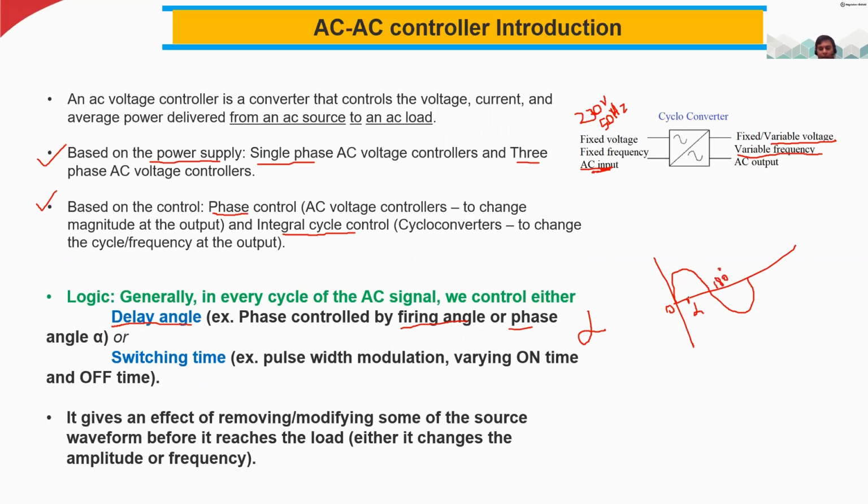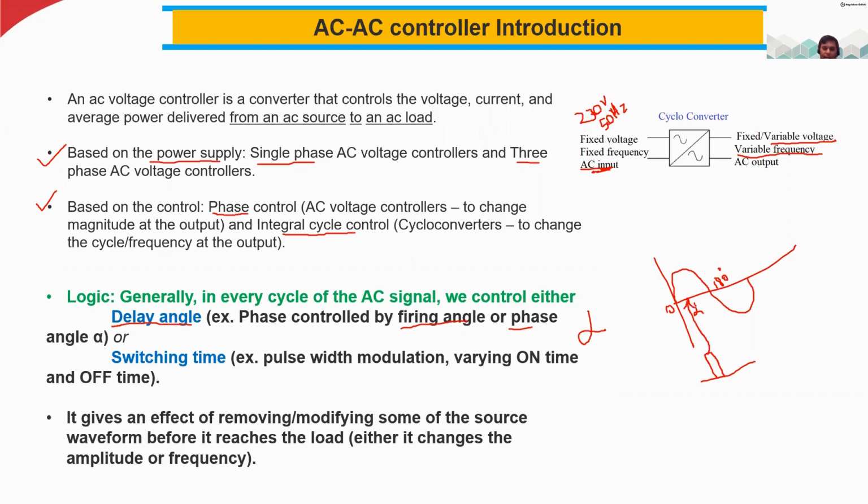So if you fire this, firing means what? First of all, firing means triggering. We are triggering the gate of the SCR, then only the SCR will start to conduct. Trigger means a large amplitude, short duration pulse. So I apply this trigger signal at this point.